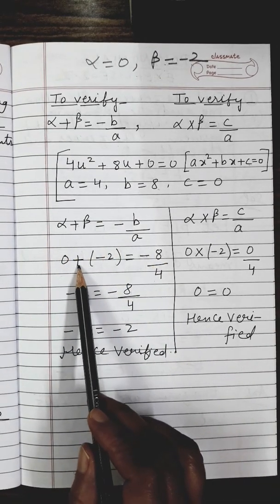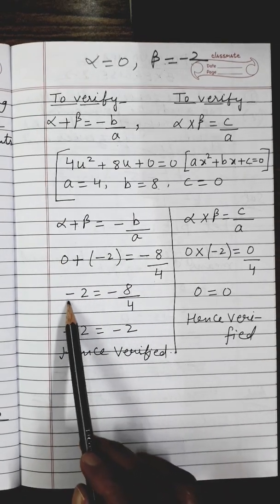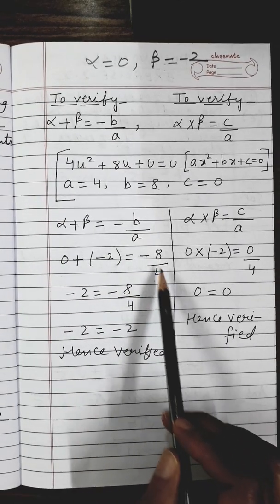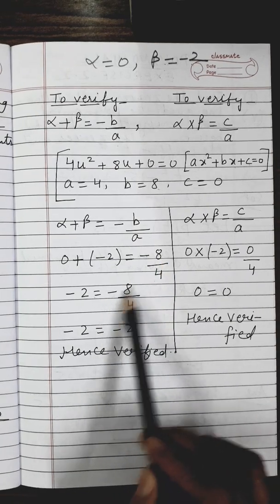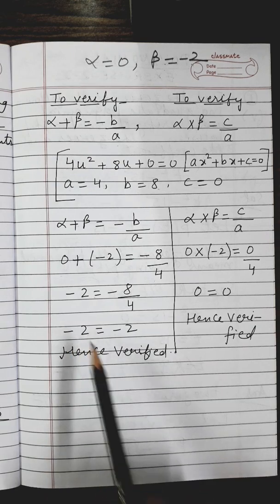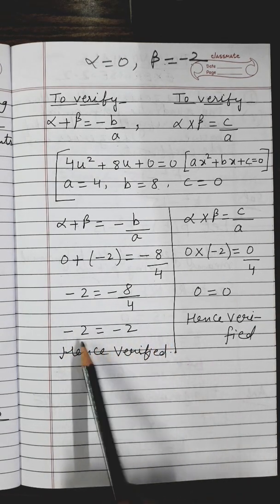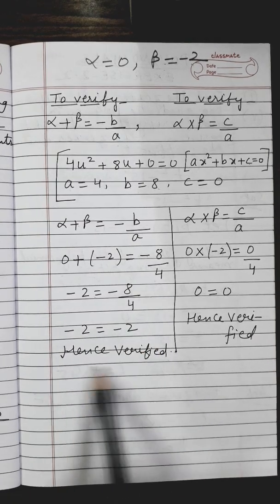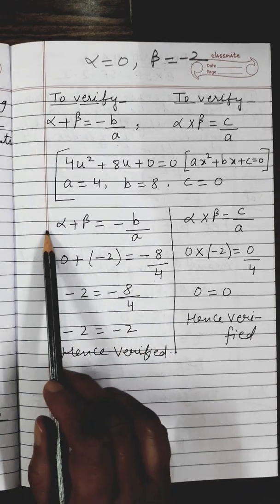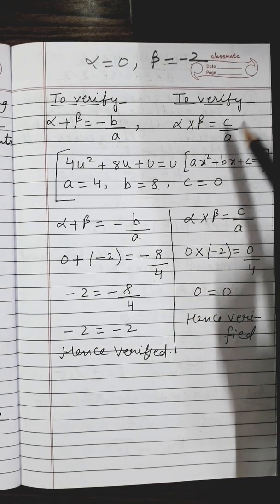So 0 plus minus 2 becomes 0 minus 2, which gives you minus 2. On this side, minus 8 upon 4, they get cancelled, you will get minus 2. So left side is minus 2 and right side is also minus 2. When both sides are the same, it means hence verified. This was regarding the sum of the zeros. Let us come to the verification of the product of the zeros, c upon a.